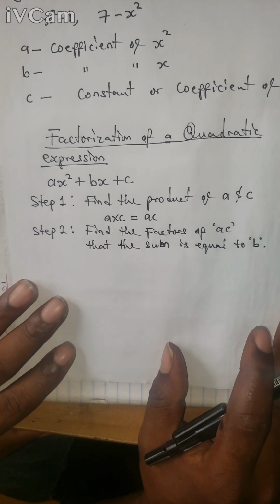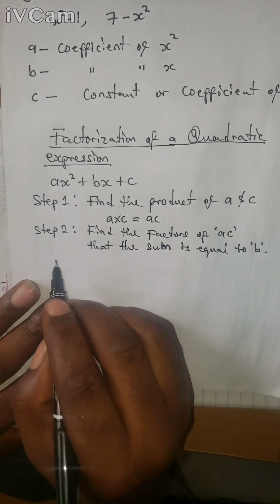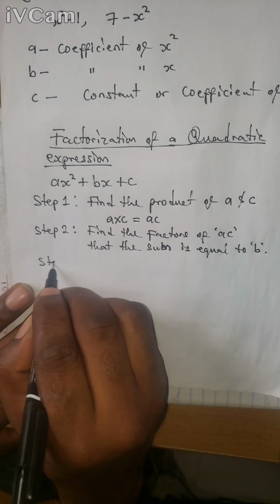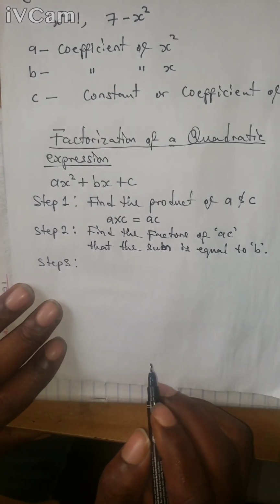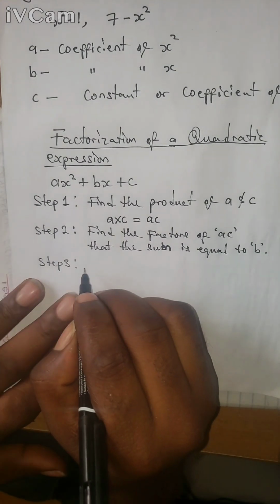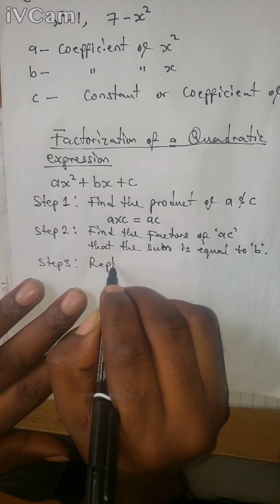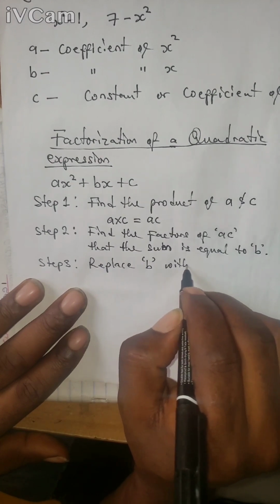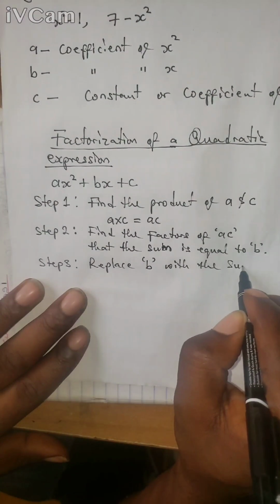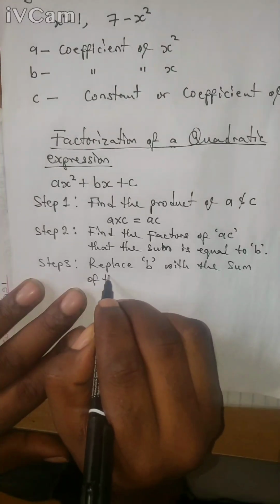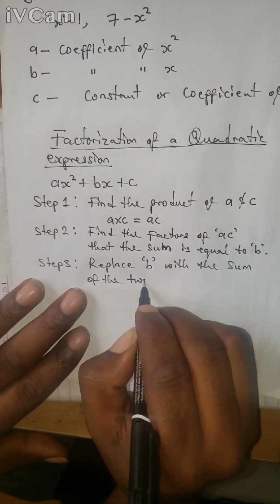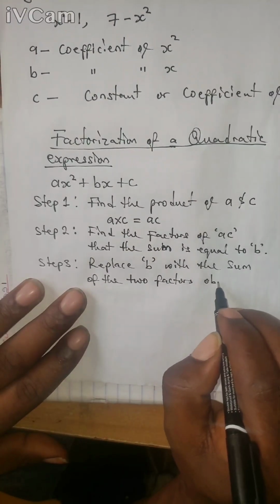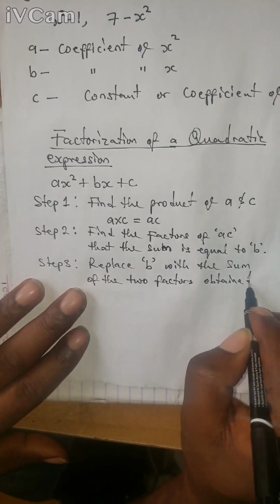Now, when you have gotten those two factors that give you b, that leads you to step 3: replace b with the sum of the two factors obtained in step 2.